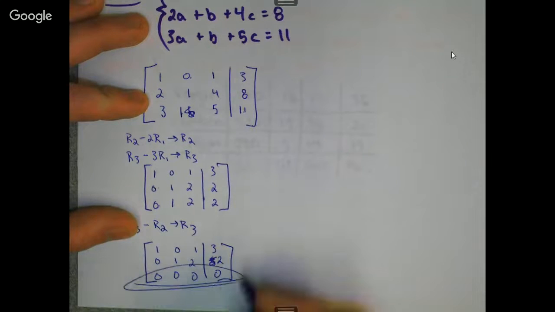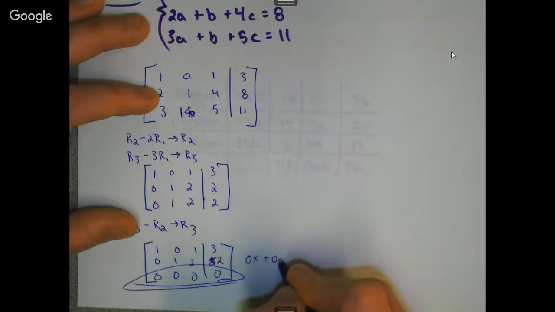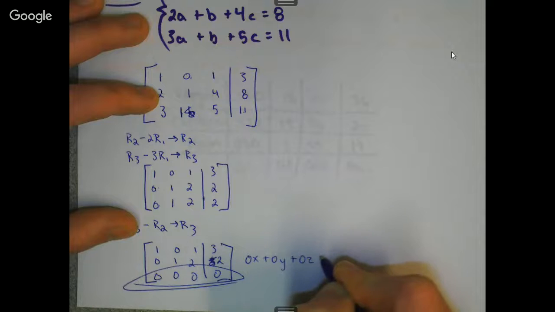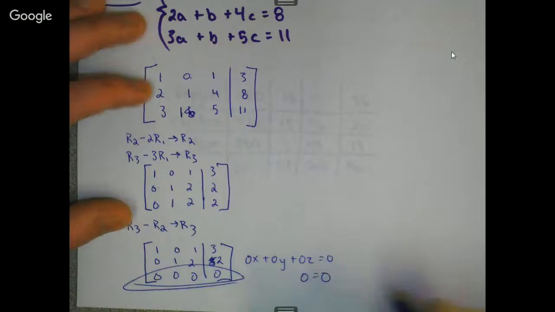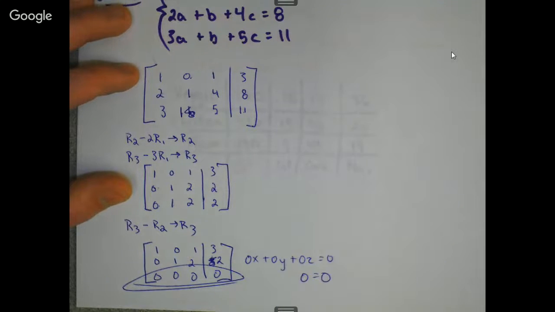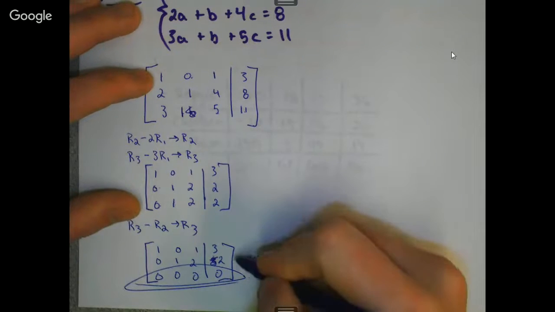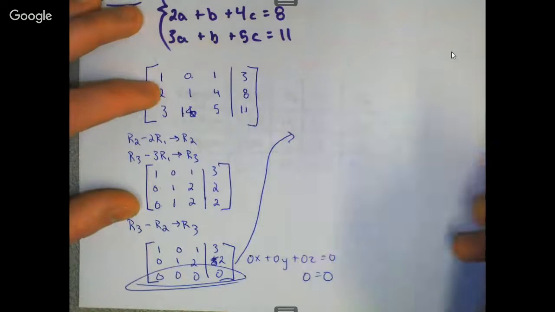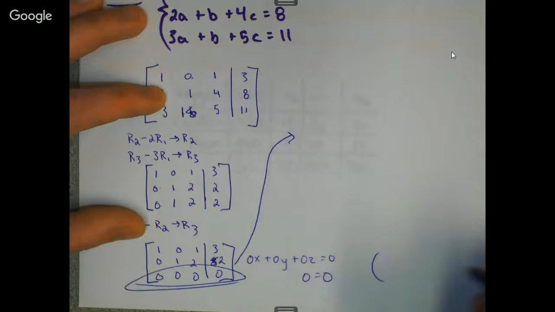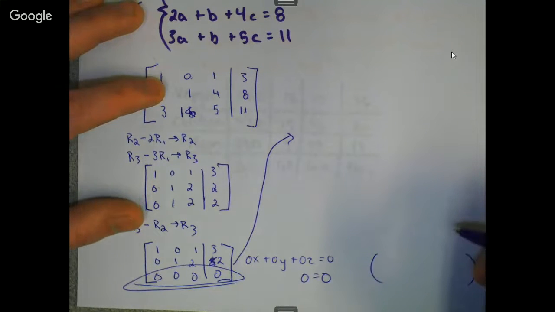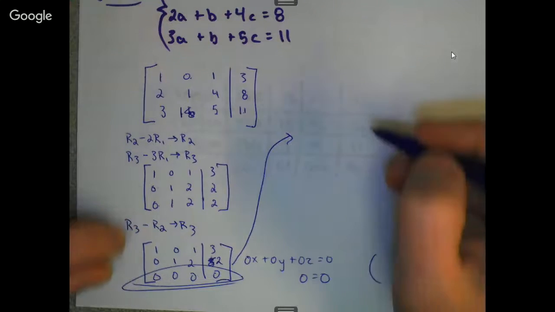So this bottom row is saying 0x plus 0y plus 0z equals 0. So 0 equals 0 means infinite solutions, okay? Now, when you get infinite solutions, that still means we need our ordered triple. But we still have equations.